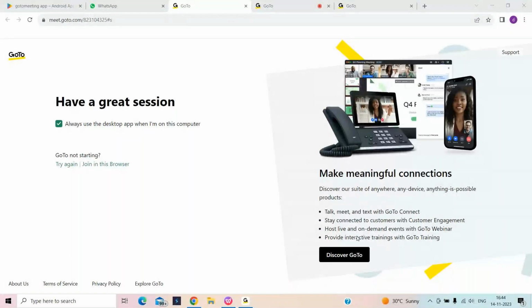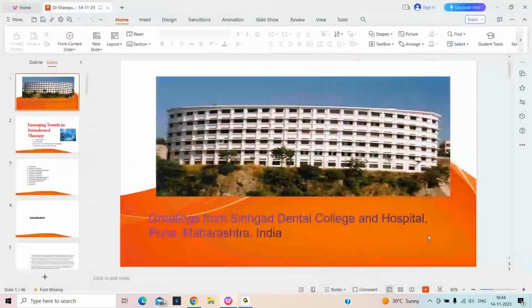Entire screen share. Is my PPT visible now? Yes, your PPT is visible. Okay, shall I start then? Yeah, please leave the session in your mobile phone. Yeah, just a minute.